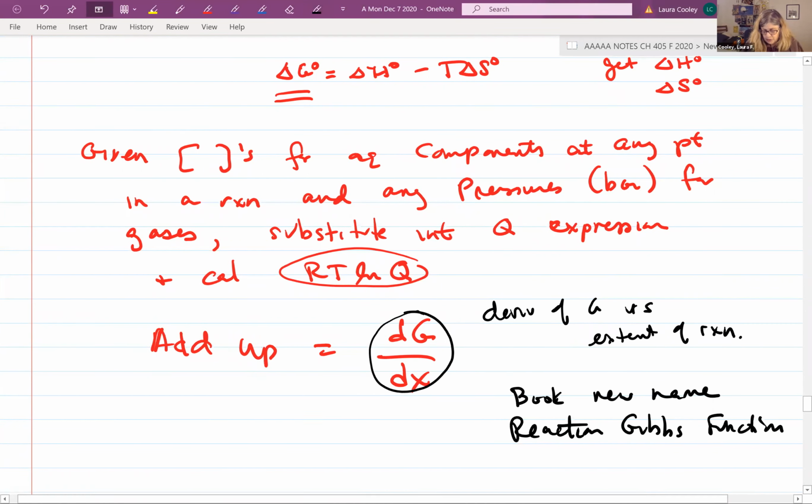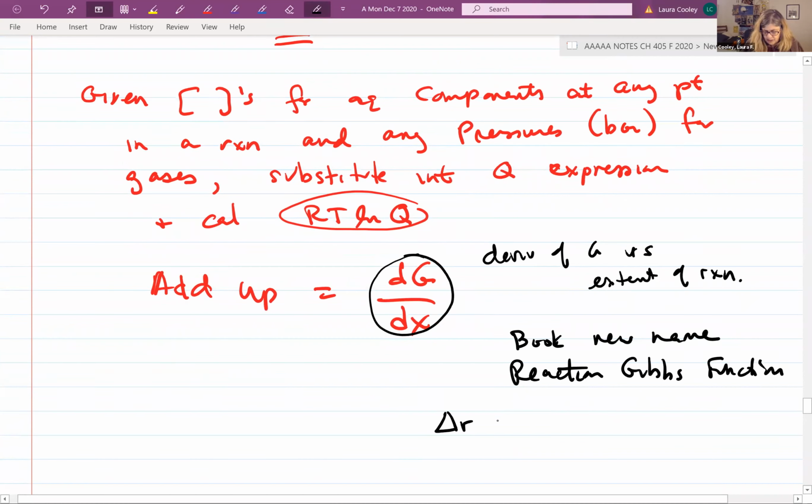which a lot of people use, but delta RG. So they write delta G0 for a reaction as delta RG0. That's what this is, right? Delta G0. Delta RG, it's like a delta G without the zero, but it's not really a delta.